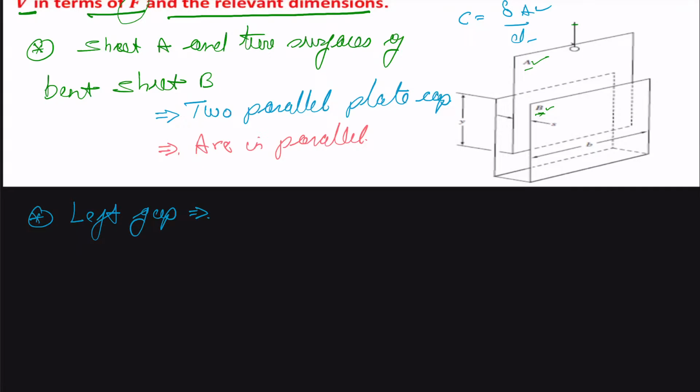This left gap is between our sheet A and the left surface of sheet B, and let us call this capacitor 1.